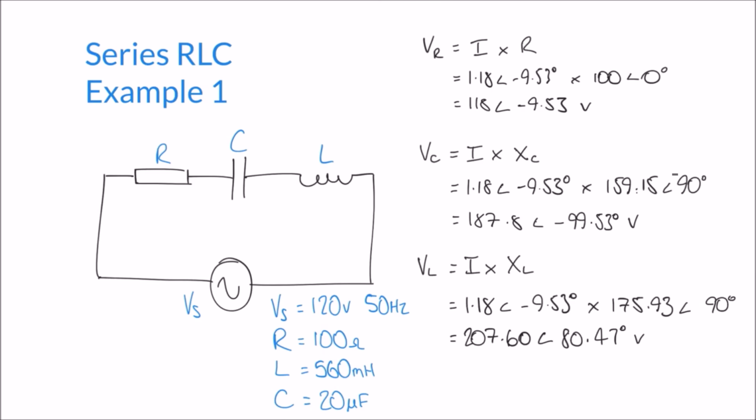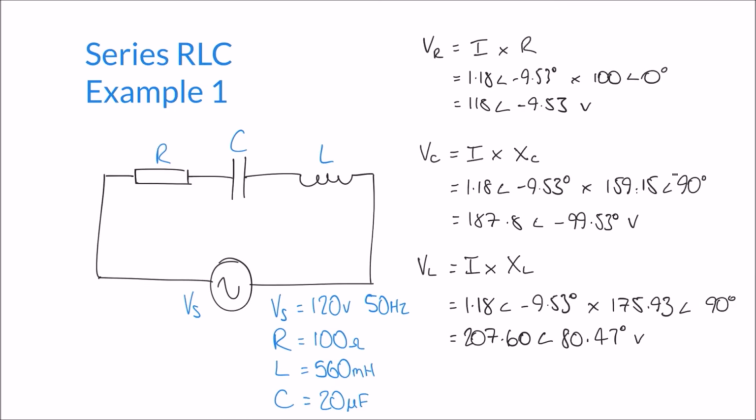It's called voltage magnification, and it's one of the strange effects of our series circuit. The reason being, we also need to take into account the direction of our phasors. And so what we'll find is that 187.8 volts is actually pointing in a fairly downward direction with this negative phase angle, but our 207.6 volts is pointed upwards or tilted upwards with its phase angle being positive.